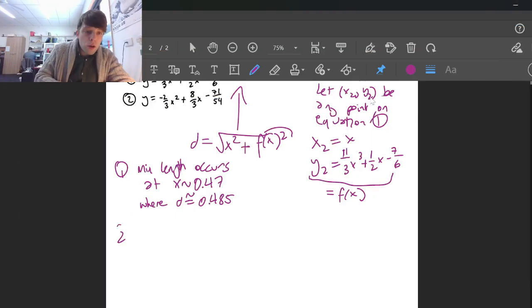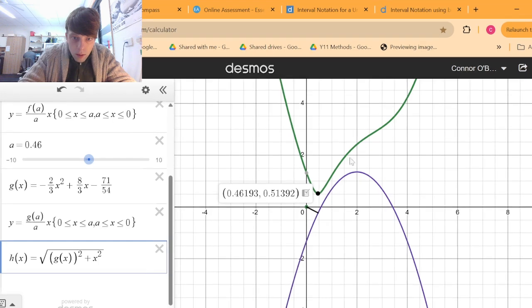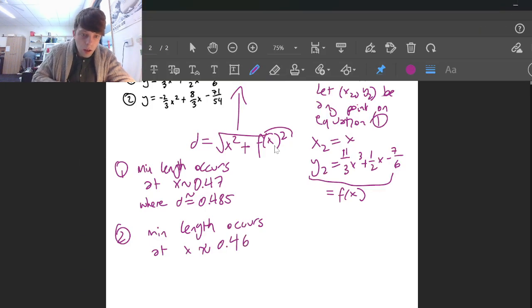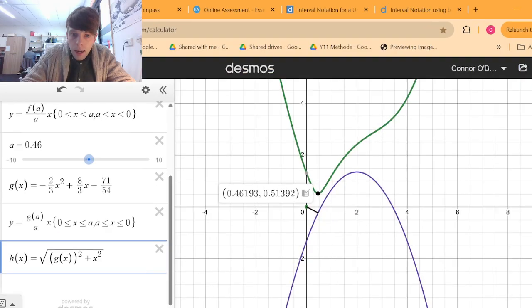So for equation 2, min length occurs at x is approximately equal to 0.46. And at this point, the distance from the origin to the parabola is approximately equal to 0.51.